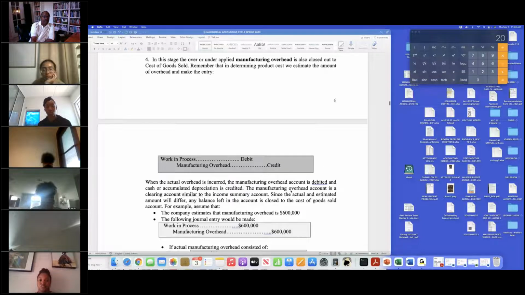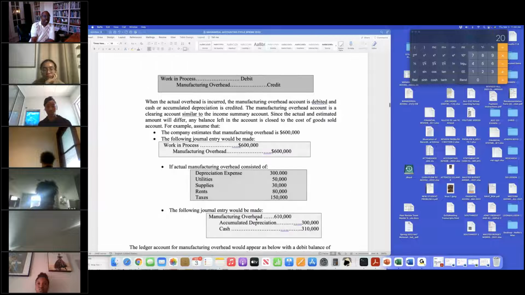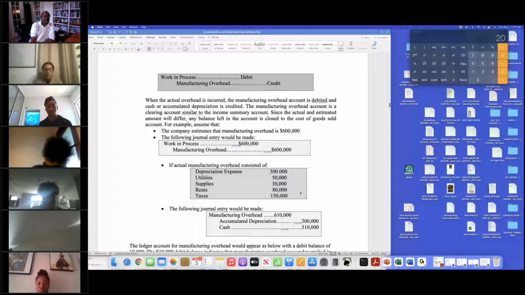These journal entries have to be made when the item is finished being produced. So we have to estimate what the overhead is. When all the overhead finally comes in, we're going to debit manufacturing overhead. So suppose we estimate the overhead was 600,000. It turned out to be 610,000. Well, we got a $600,000 credit in the account, the actual 610. And so we'll make an adjusting entry to put the other 10,000 in cost of goods sold.